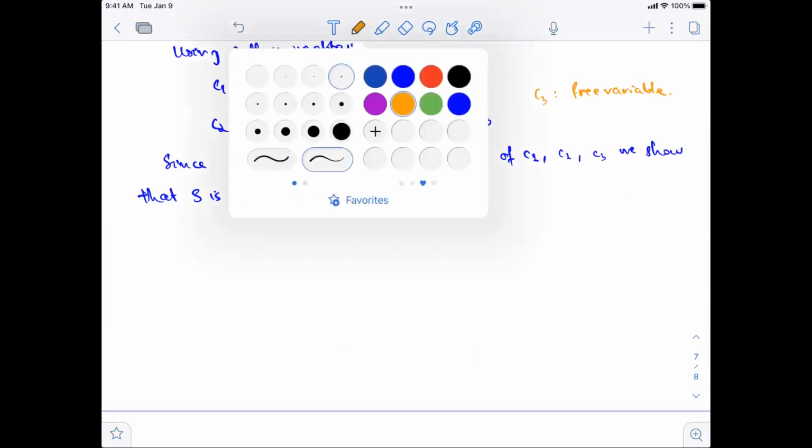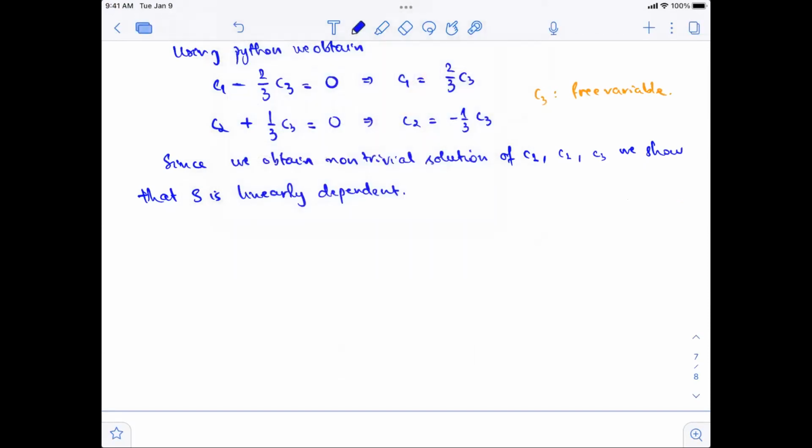Because we are free to choose the value of c3, we can let c3 be 3 in this case. Why 3? It can be anything really. It can be 9,000, negative 1,000, something like that. But we choose 3 so that it's easy to do the calculation for c1 and c2. Usually we let c3 equal to t, for t any real number, and we can solve for c1 and c2 in terms of t.